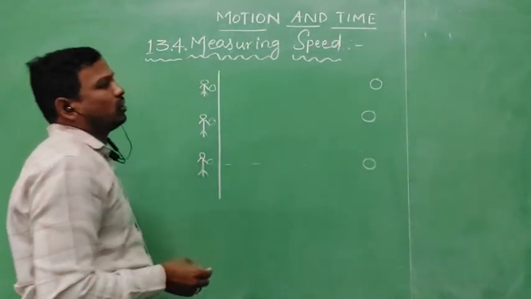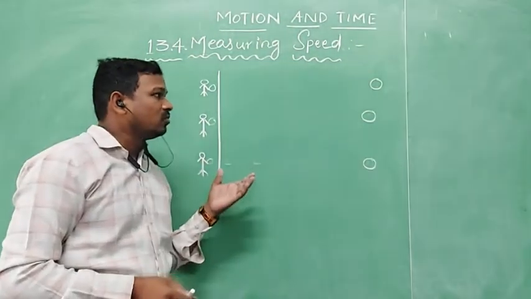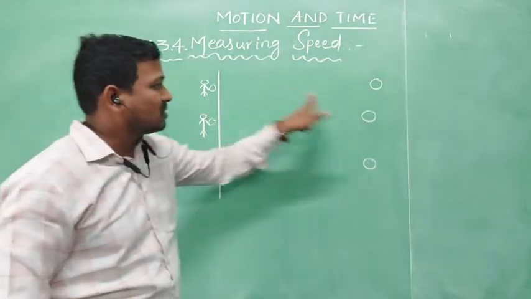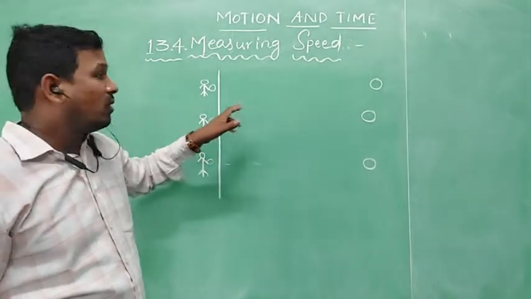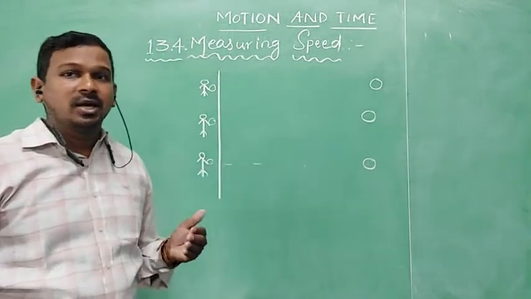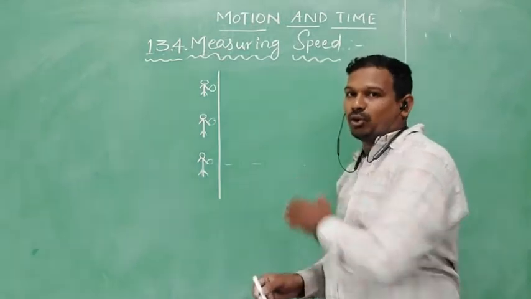Now what am I going to do? I am going to measure the time taken to cover this much distance, and I am going to measure the distance it covered in that time. Based on that, we can measure whose speed is more.